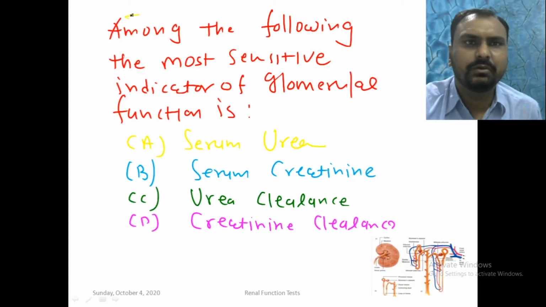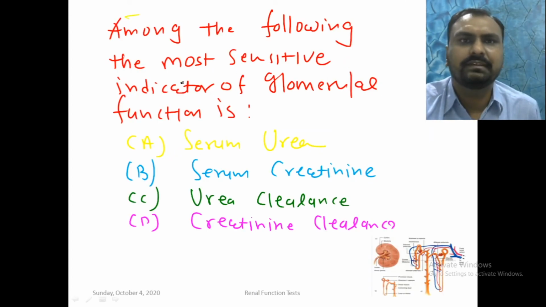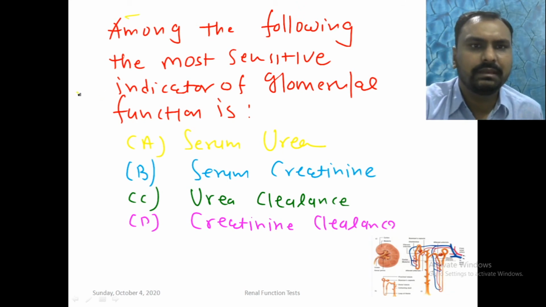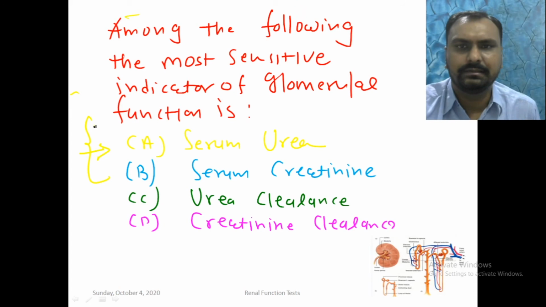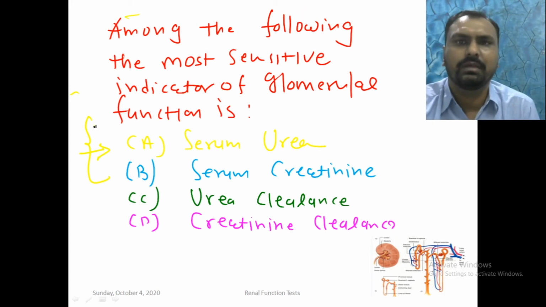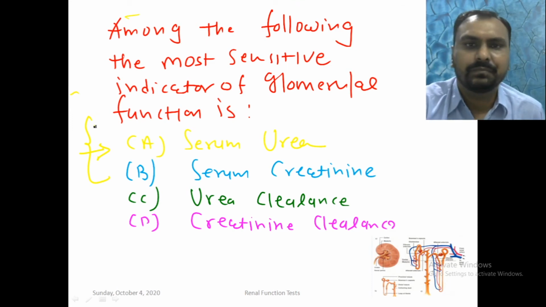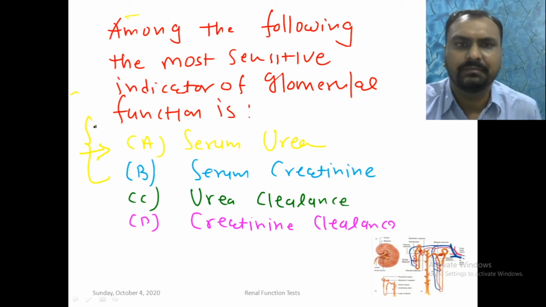The next MCQ: among the following, the most sensitive indicator for glomerular function is serum urea, serum creatinine, urea clearance, or creatinine clearance. As we know, urea and creatinine are both markers for generalized kidney disease, acute renal failure or chronic renal failure. They will not give an idea about glomerular function. Glomerular function is to filter the plasma.